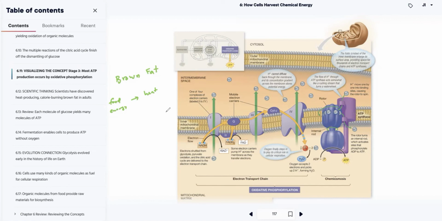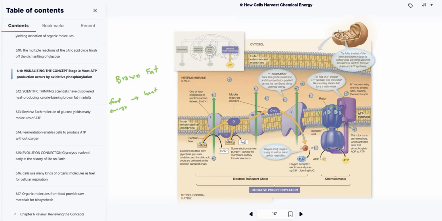Sounds wonderful. I struggle with my weight, and so I think it would be really awesome to basically say, okay, well, yeah, I think I overdid it at that last meal. I think I'm going to just turn my brown fat on a little bit and burn off those extra 1,500 calories that I should not have eaten, right? That would be pretty awesome.